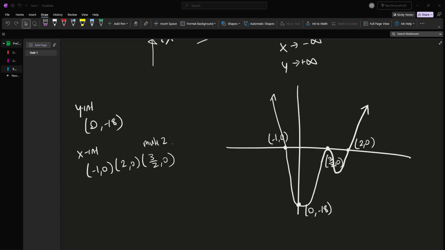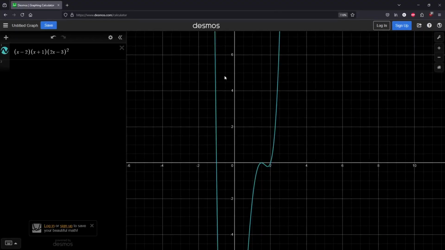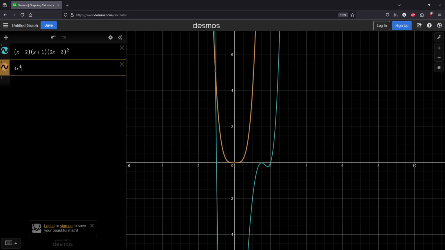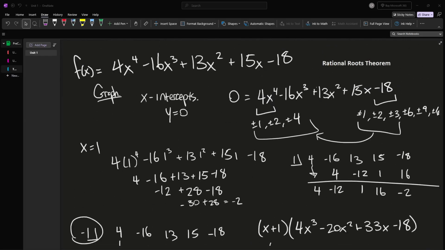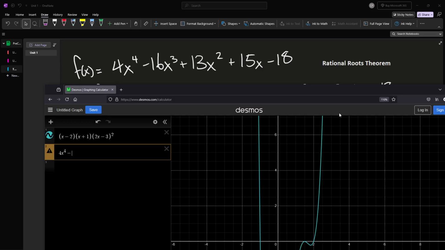To confirm this real quick, I have my Desmos graph. Let me make it into negative. Here's my Desmos graph. This is the factored form, but I'm just going to write it like negative 16x cubed plus 13x squared plus 15x minus 18.